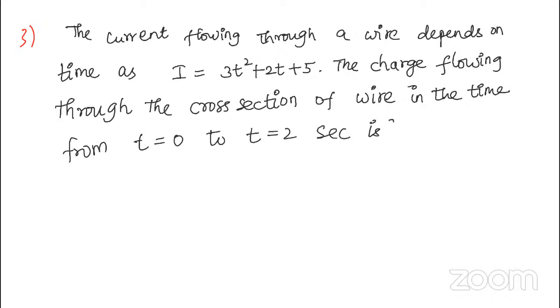Okay, and here the options are: A, 22 coulomb; B, 20 coulomb; C, 18 coulomb; and D, 5 coulomb.